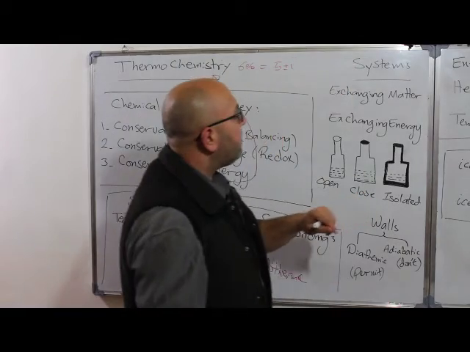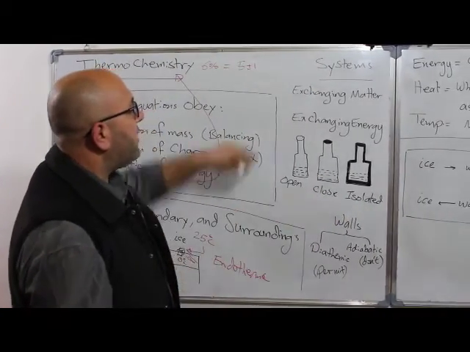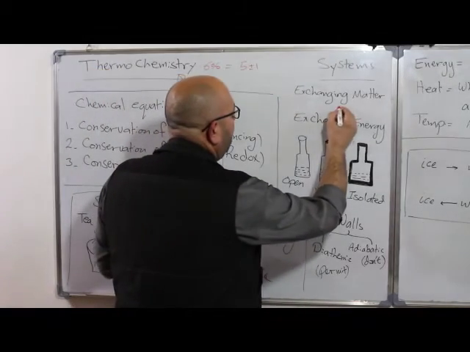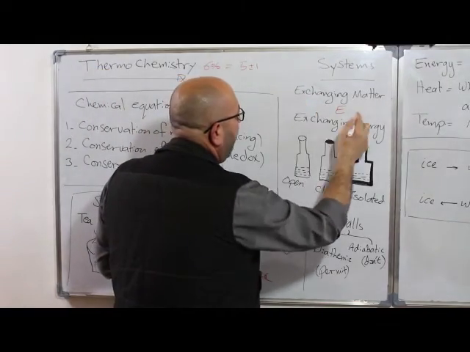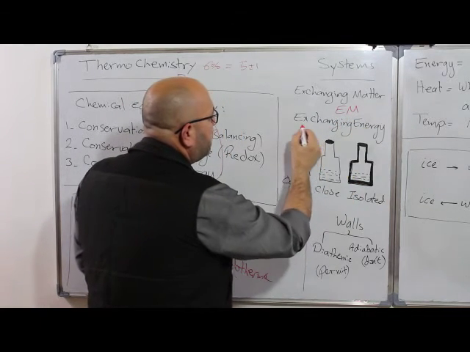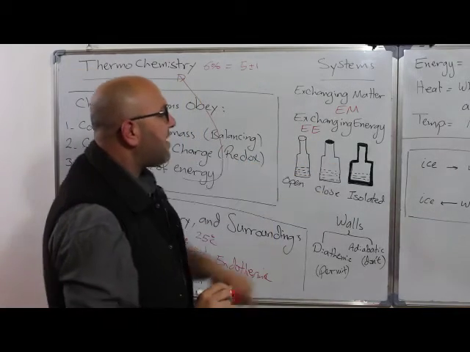Here we have different types of systems, depending on exchanging matter, abbreviated EM, and exchanging energy, abbreviated EE. We have 3 systems here.